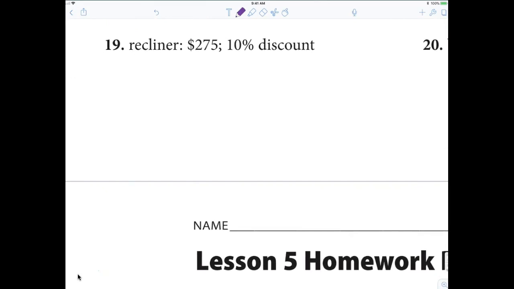Okay, so 10% discount, so you just do $275 times 0.9. And that is 247.5. So that's how much we have to pay. That's right, $247.50. Very nice. Very, very important.